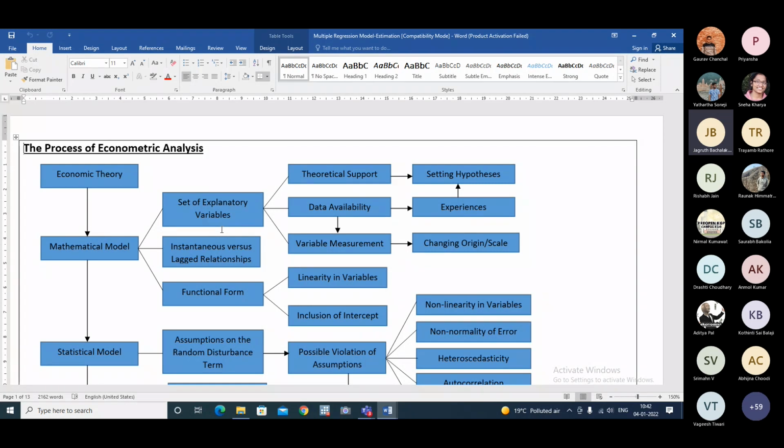Let me give an example. We know that demand for a commodity depends on the price of the commodity, prices of the related commodities, and income of the consumer. But at the same time, we have also studied that demand also depends on consumers' taste and preference, and consumers' expectation about the future price.